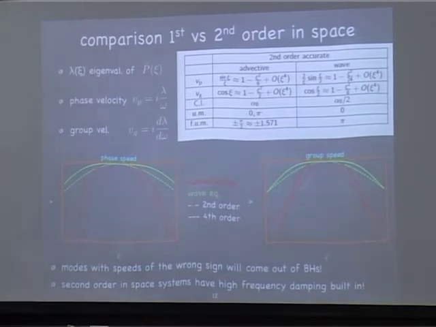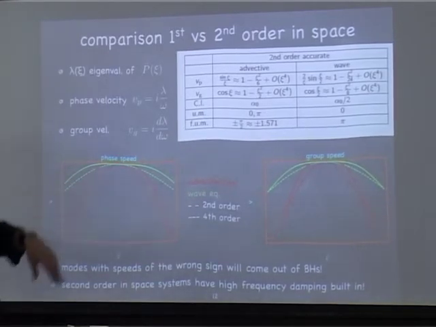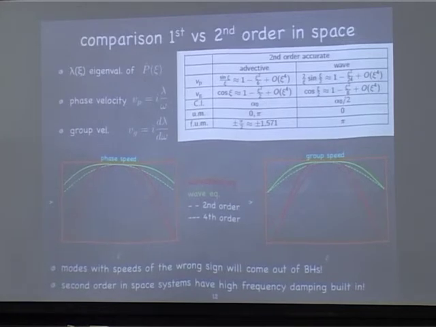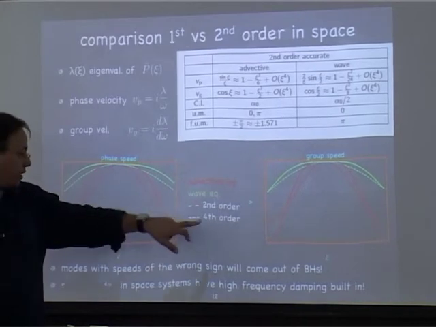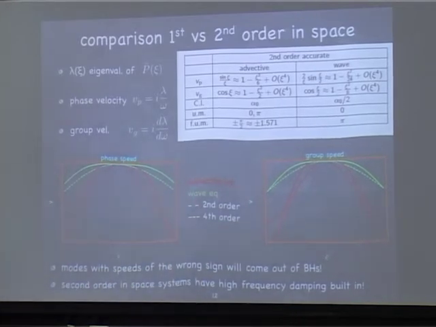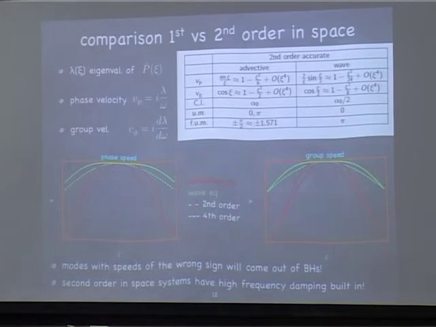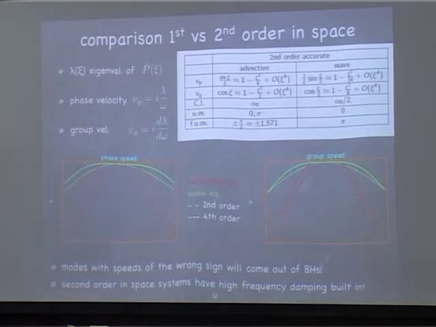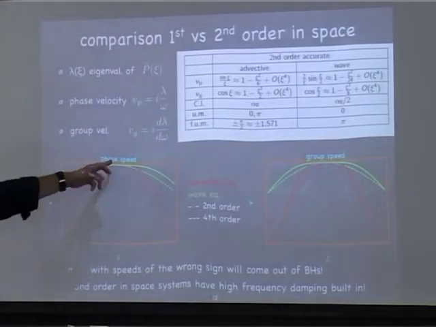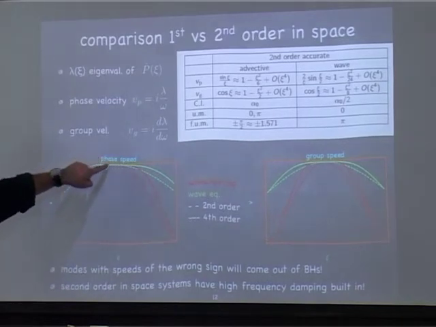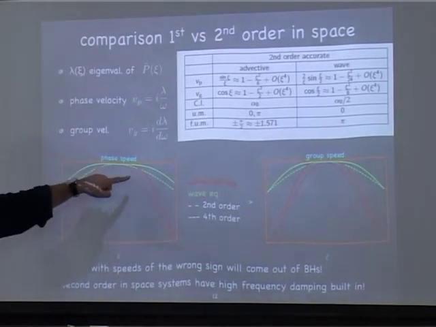And we have these plots here. For example, here we have the phase speed and group speed. Red is the advection equation, green is the wave equation, with second order and fourth order schemes, so second order in space, fourth order in space, evolved with Runge-Kutta 4. Here is frequency 0, and here are the small frequencies, everything that's well resolved.